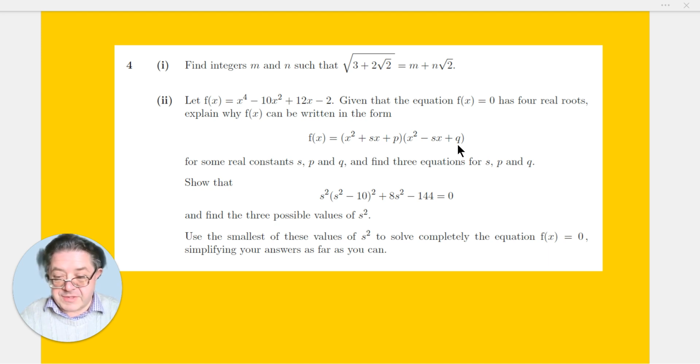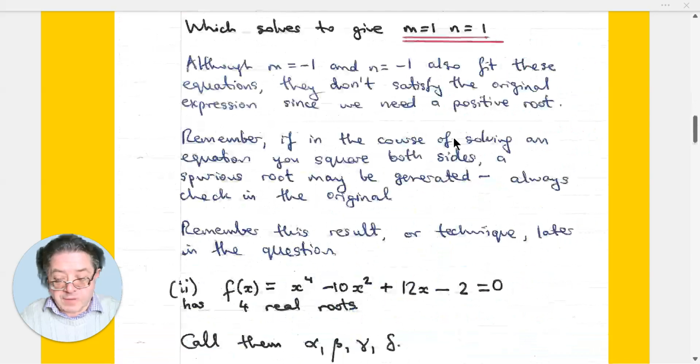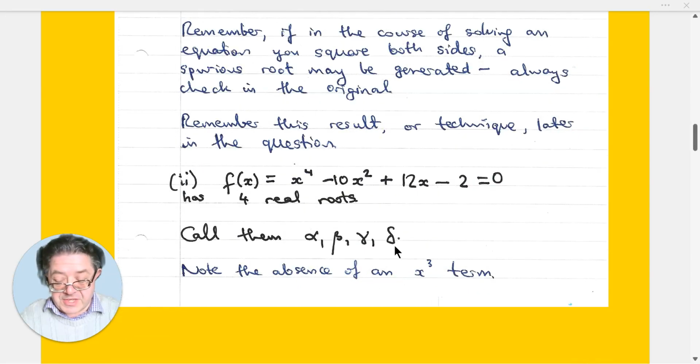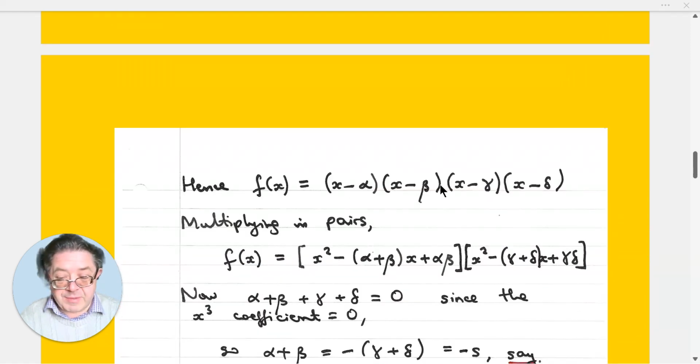So one way of dealing with this is to say that the 4 roots are, we might say, alpha, beta, gamma and delta, letters often used for roots, and then write this as 4 factors. x take alpha, x take beta, x take gamma, x take delta.